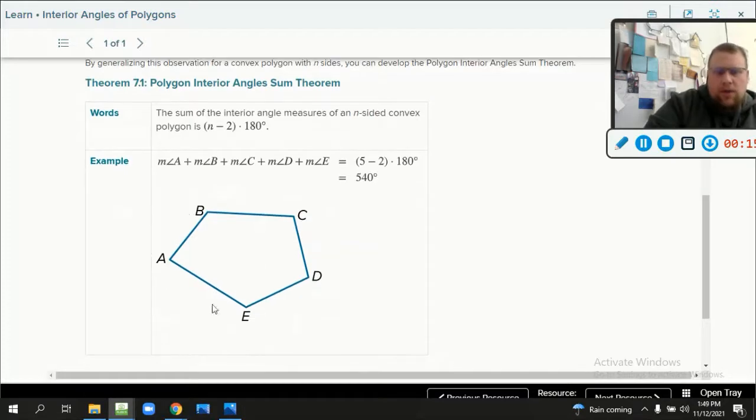So in other words, if we're looking at a pentagon right here, an example would be the measure of angle A plus the measure of angle B plus the measure of angle C plus the measure of angle D plus the measure of angle E equals 5 minus 2, which is 3, times 180, which is 540. Go ahead and write that down. Pause it if you need to.